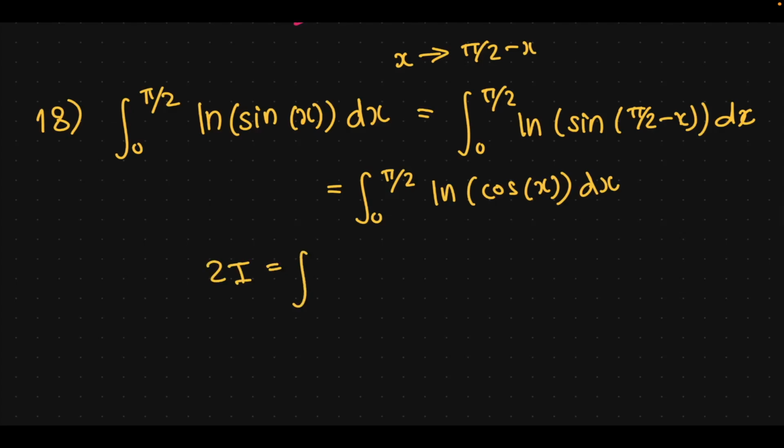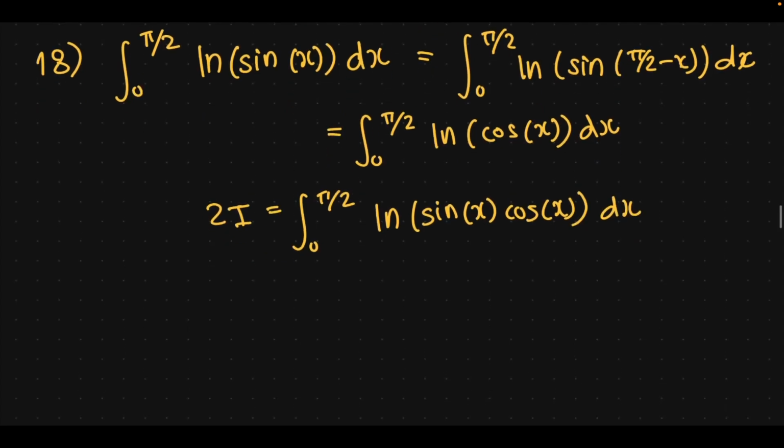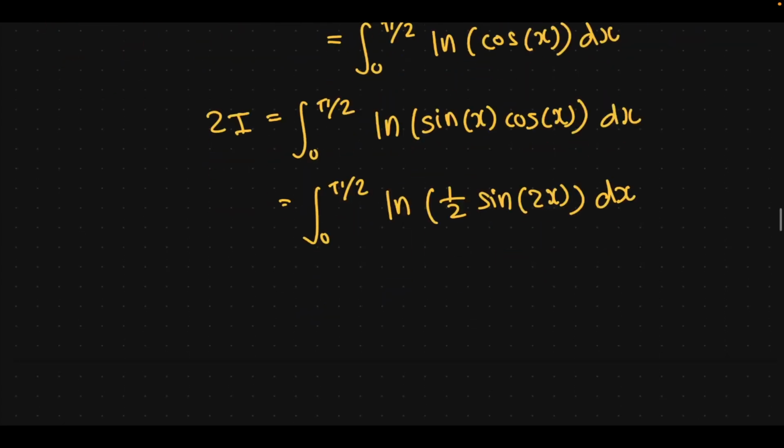So we add both of those. So 2I is integral 0 to pi over 2 of natural log of sine x plus natural log of cosine x, which is natural log of sine x times cosine x. We can use the double angle formula for the sine to give us natural log of (1/2 sine 2x) dx. Break this down using the product to sum formula of the natural log.